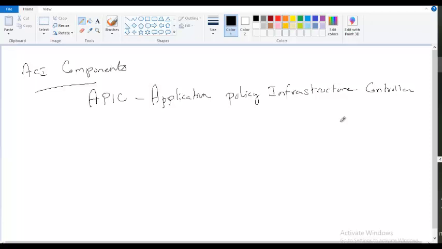But actually from where these all starts? From my brain. But no one sees the brain, they see only the mouth that speaks. APIC is also like a brain for the entire ACI fabric. For every single operation in ACI fabric, APIC is the main reason.